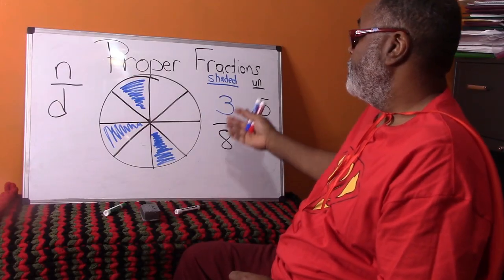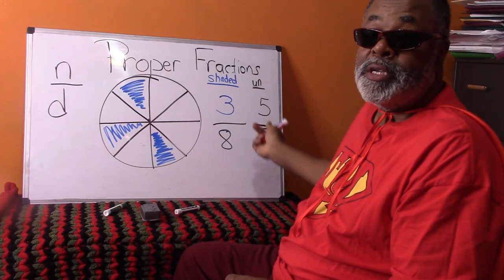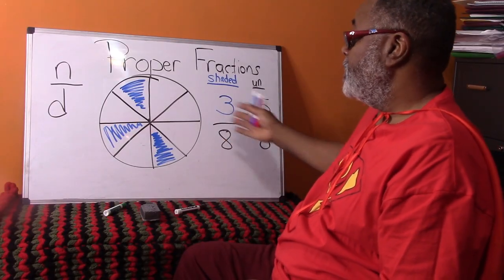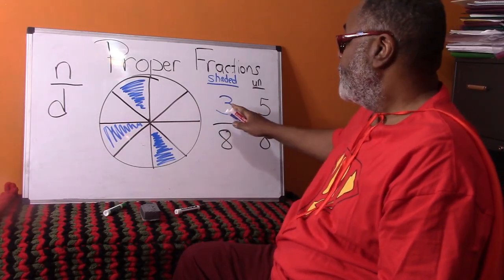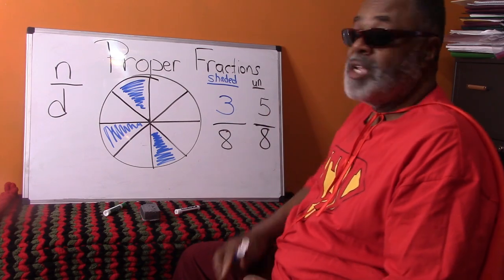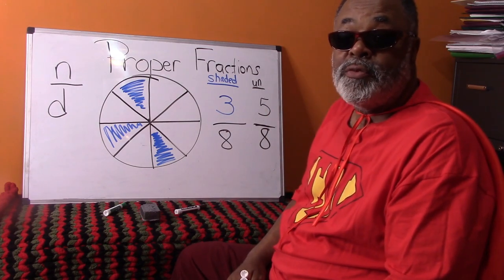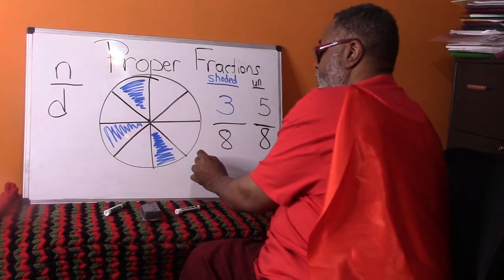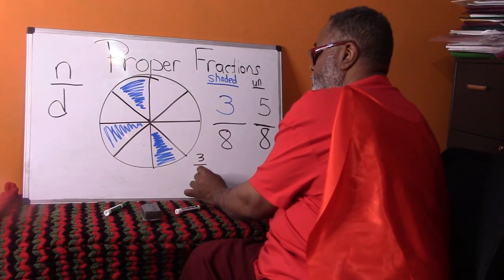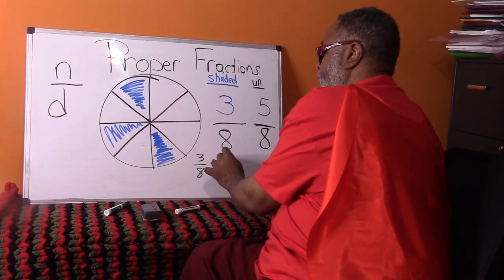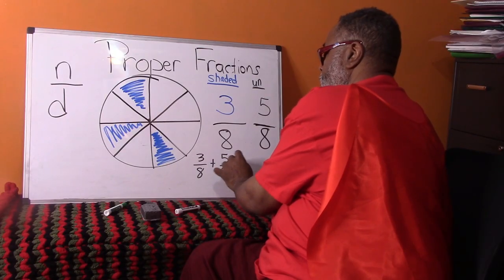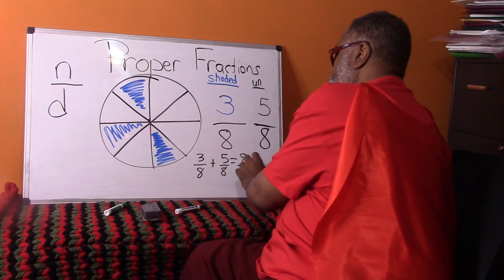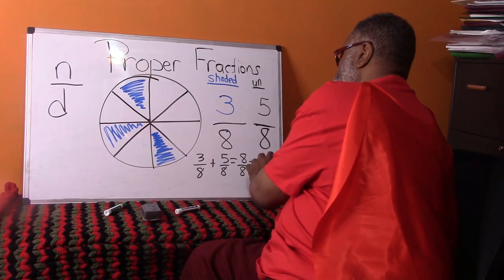Is it more shaded or unshaded? You would say more of it is unshaded. If I add the shaded and the unshaded, guess what that equals? 1 whole. Let's see. 3/8 plus 5/8 equals 8/8, which means 1 whole.